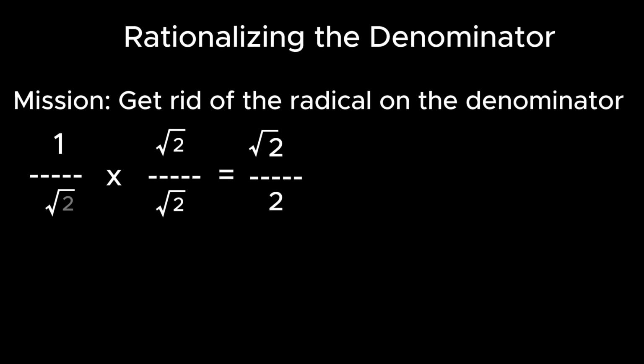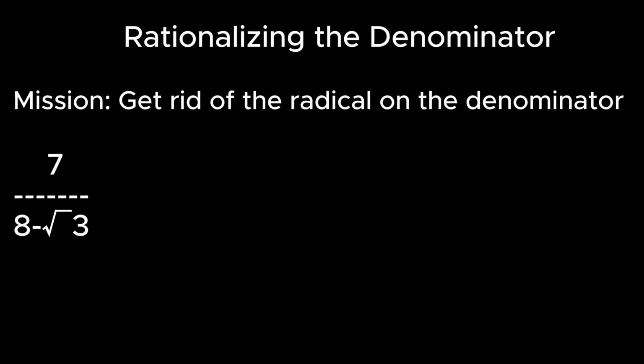Now, given that we have this expression, 7 divided by 8 minus radical 3, how will we get rid of the radical in this denominator? Well, we have to do something called multiply by the conjugate. What that means is that you multiply the top and the bottom by the denominator, except that you have the sign changed.